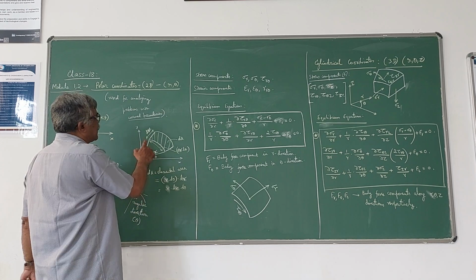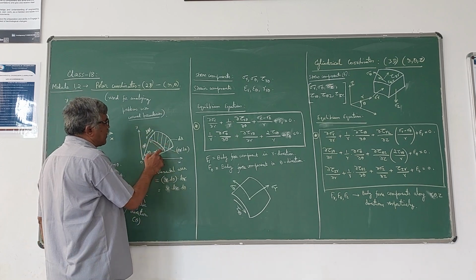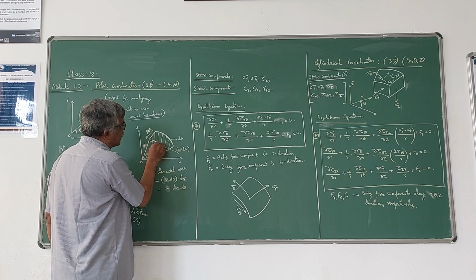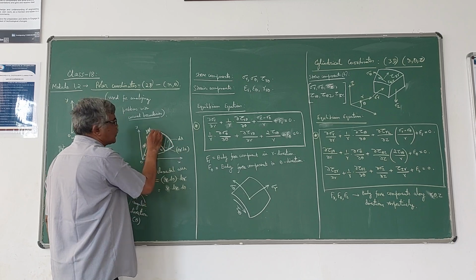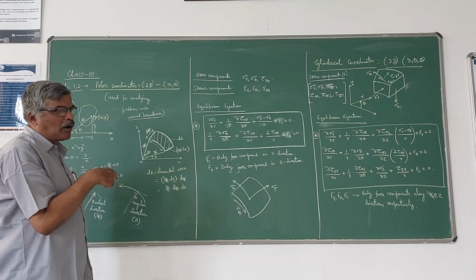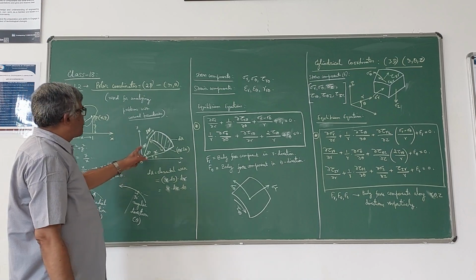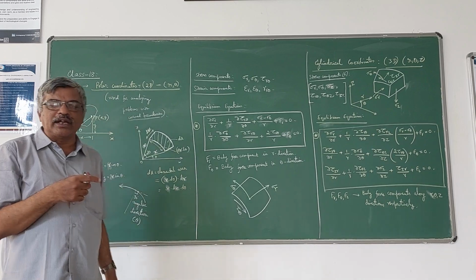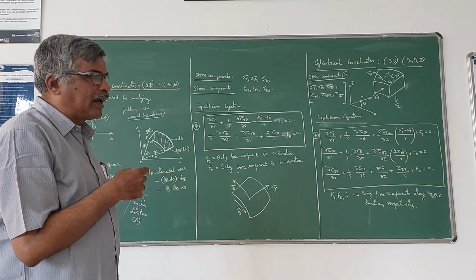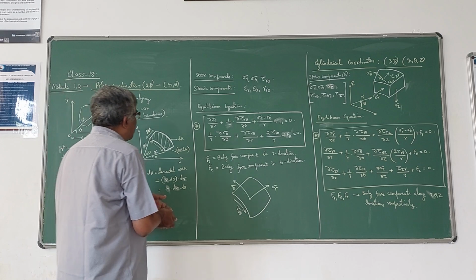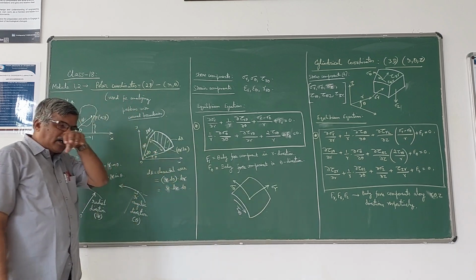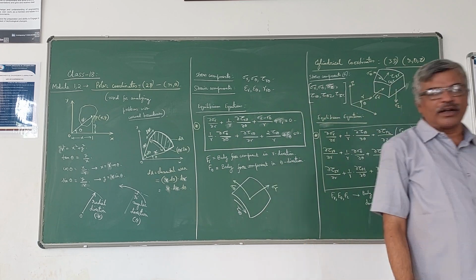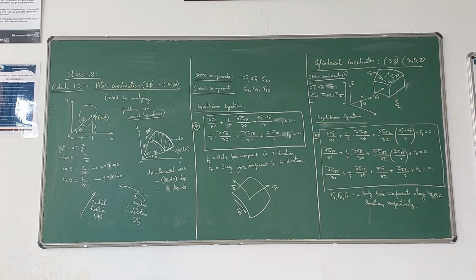Here, this is the curved element I have taken, where these two are curved boundaries and this is a straight boundary. In polar coordinates you have one angular dimension and one linear dimension. Here r is the radial direction, theta is the angular direction. So r and theta are the polar coordinates, a two-dimensional system.